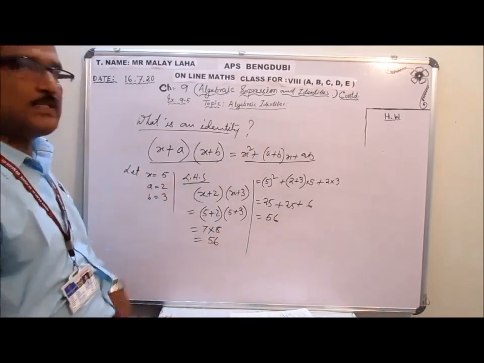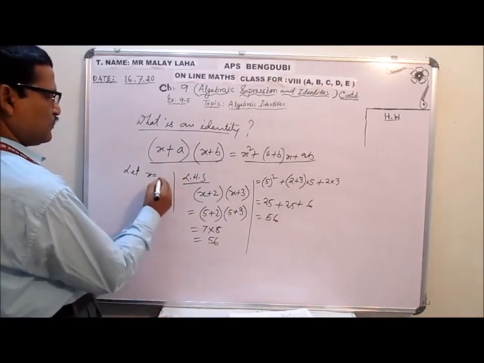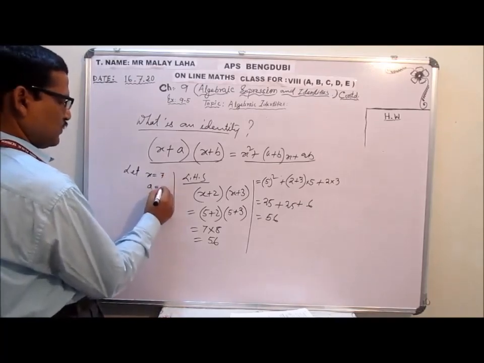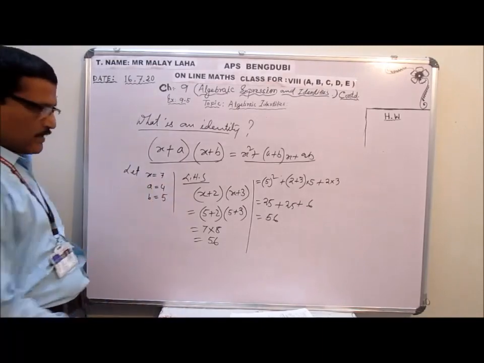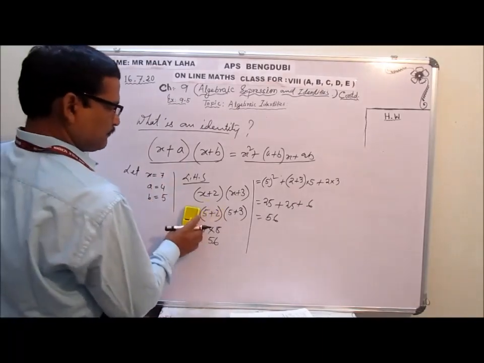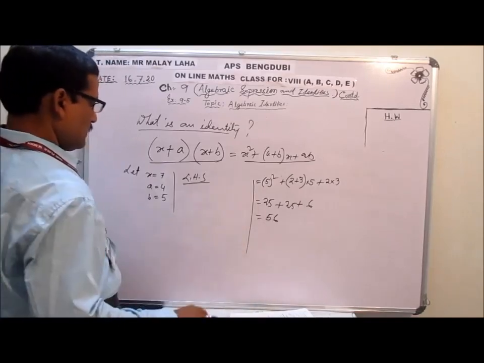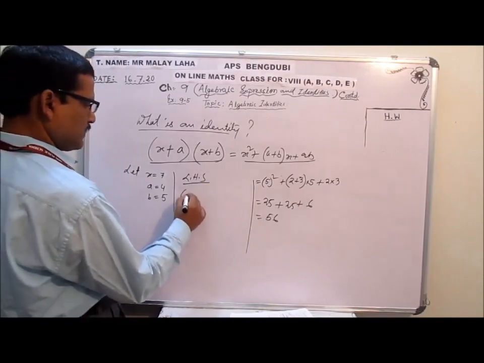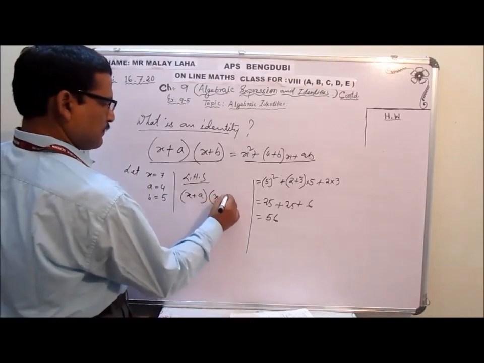Now I will change the value. Let x equal to 7, a equal to 4, b equal to 5. Now the left-hand side, that means x plus a into x plus b.